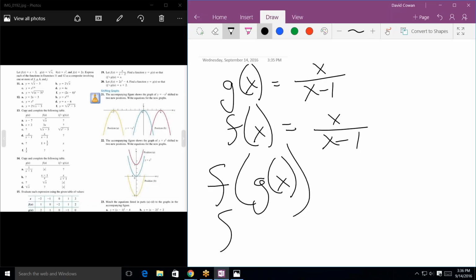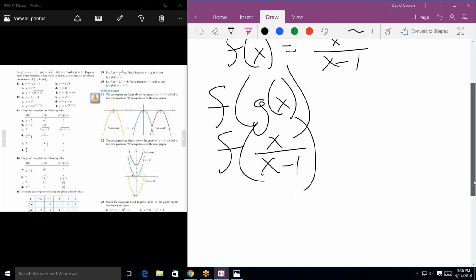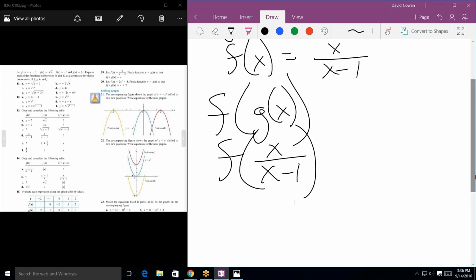So how can I state that? F of what? G. What is g of x? X over x minus 1. Yeah, see, I like that step. You always want to make that step right there. Okay, and now what is f of x over x minus 1?